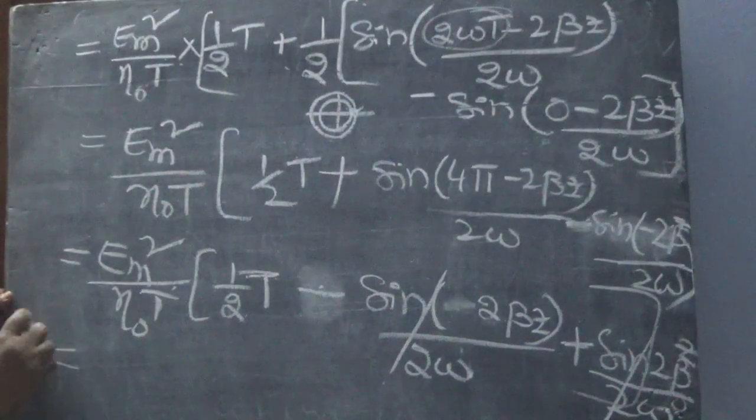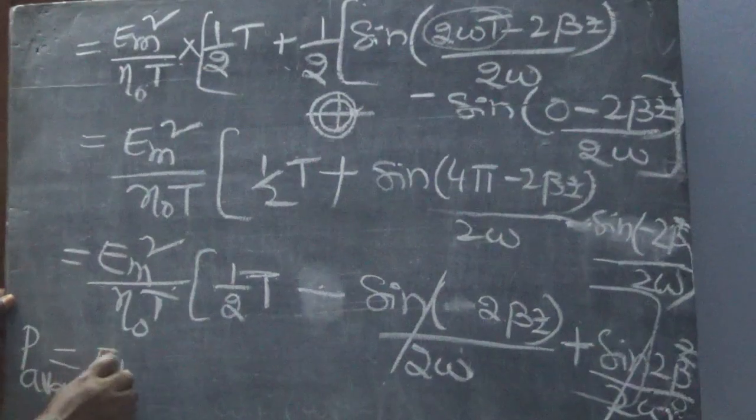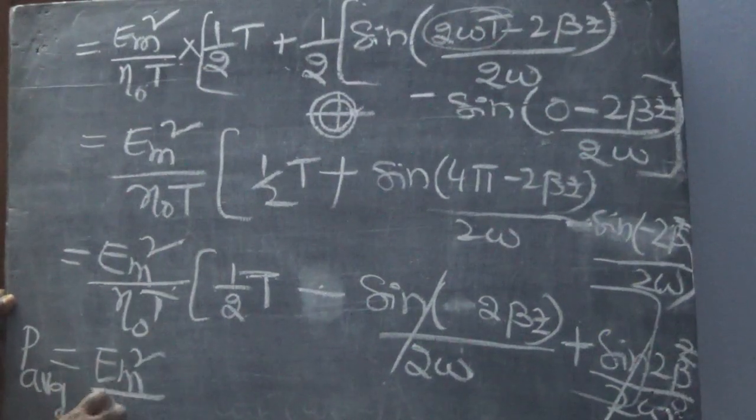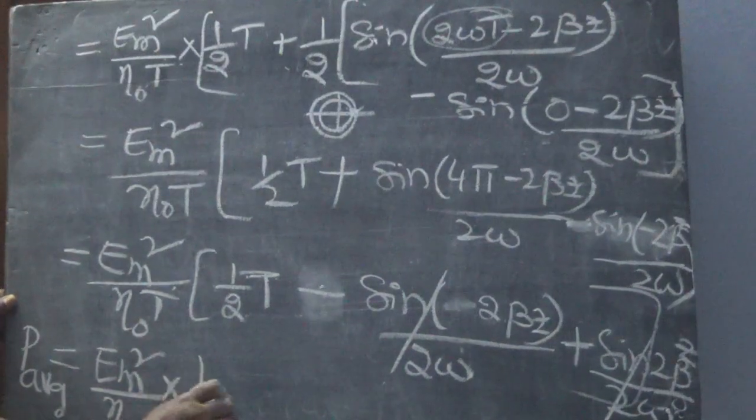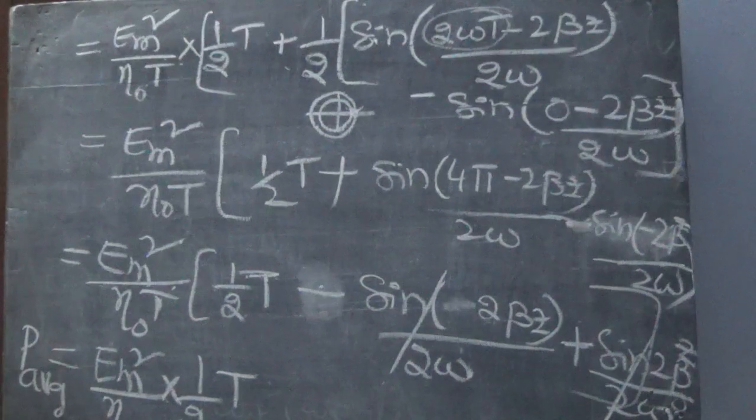What I will get? P average is equal to Em square divided by eta naught into 1 by 2 t. So this is the average power given by.